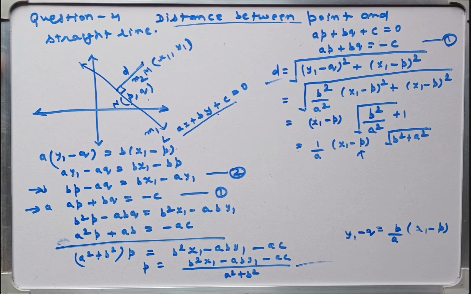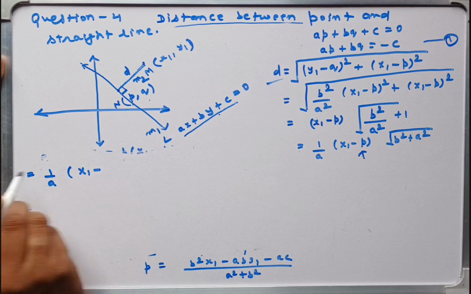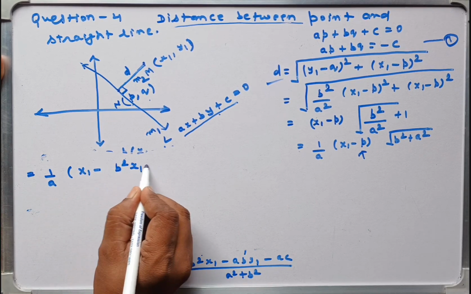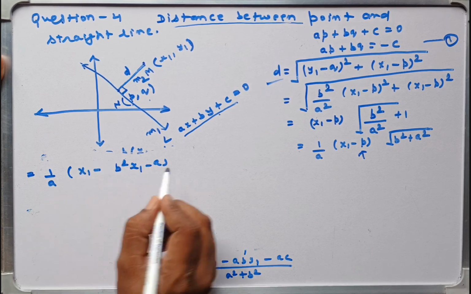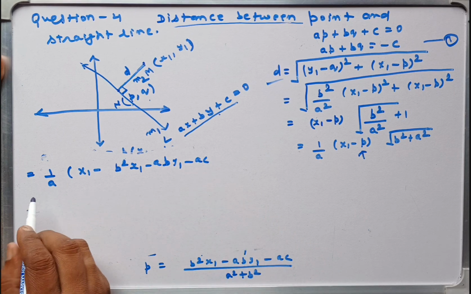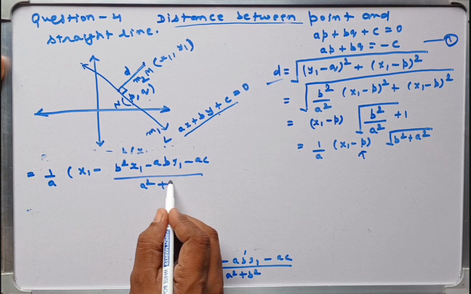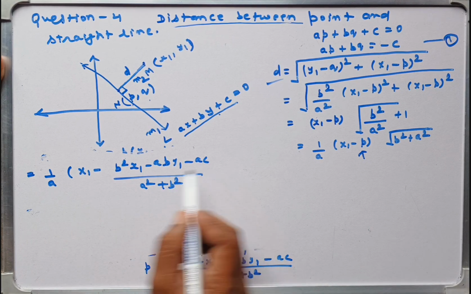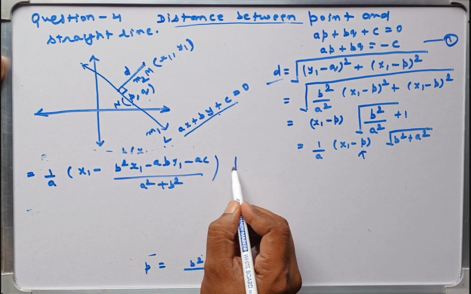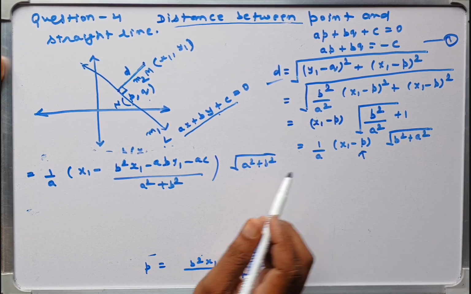See here is 1 by a, then x1 minus this one, guys, (b square x1 minus ab y1 minus ac) divided by (a square plus b square), and here multiplied by the square root of a square plus b square.